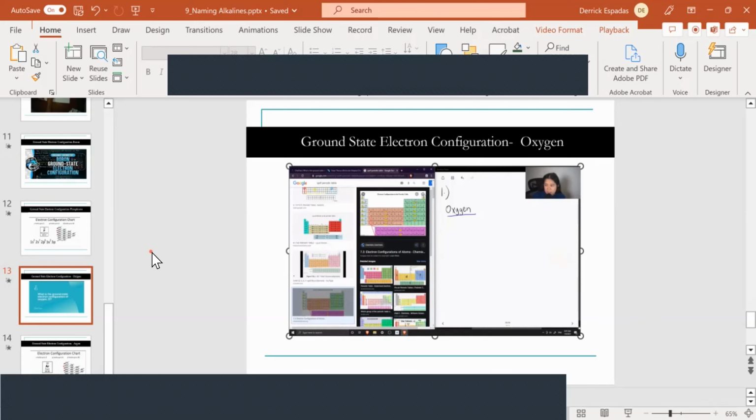So after we write down the electron configuration, we can double check that it's right if we count out the number of electrons that can be summed up in the superscripts of our electron configuration.